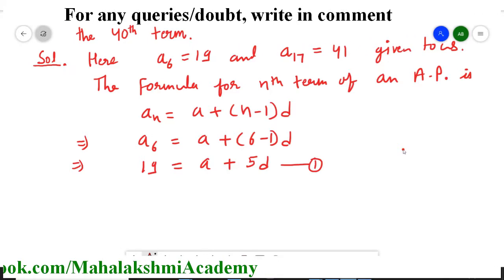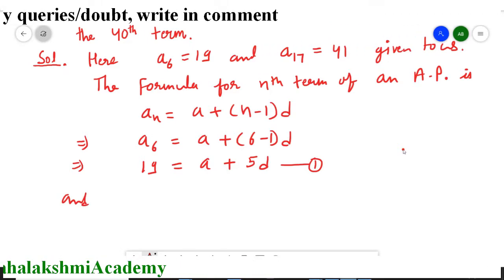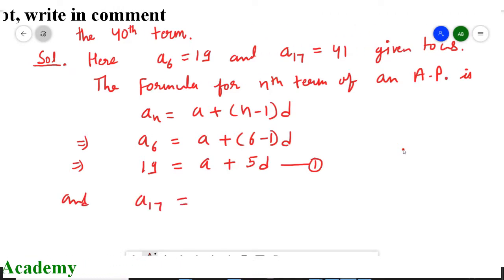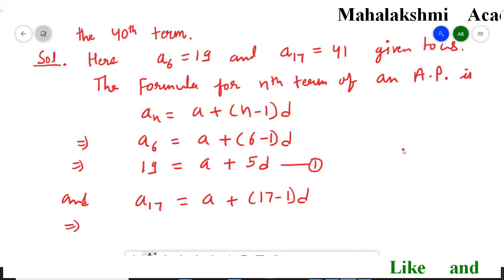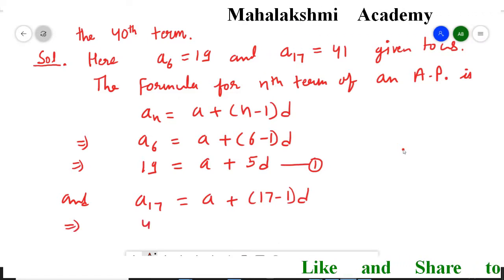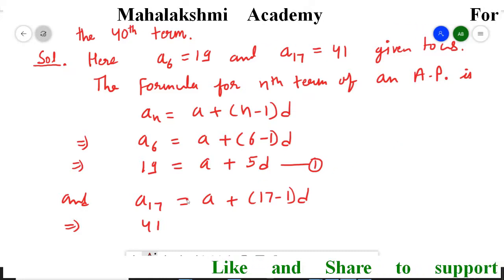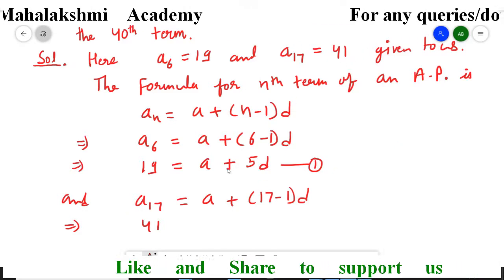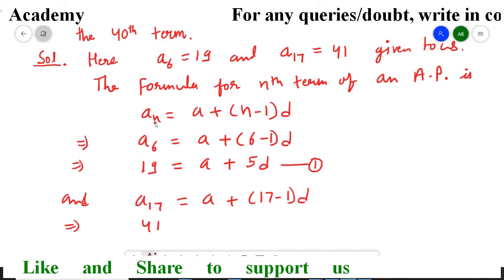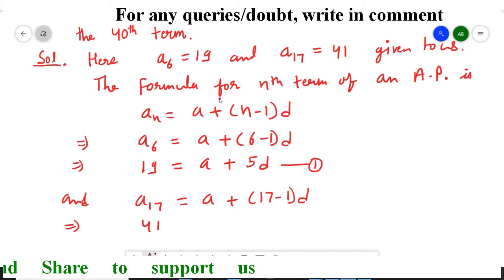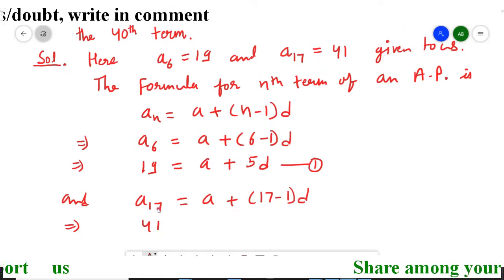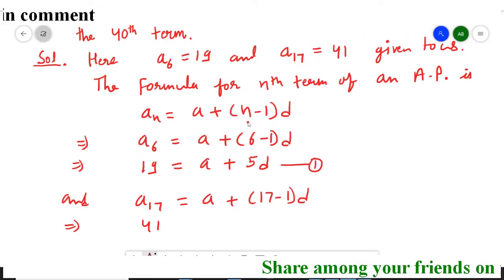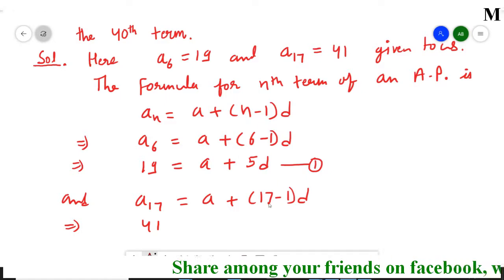Similarly we'll do it for the 17th term also. a17 is a plus 17 minus 1 d. The 17th term is 41, so instead of a17 we'll write 41. What we have done is, in this formula instead of an I took a17, so instead of n we write 17.